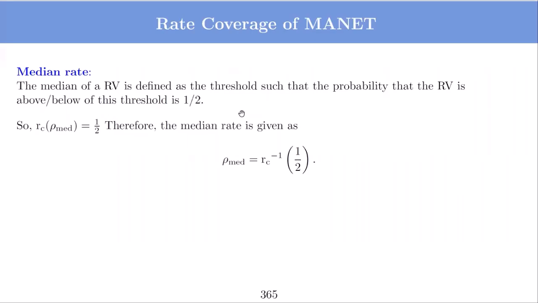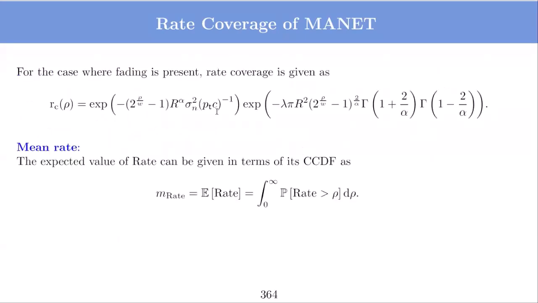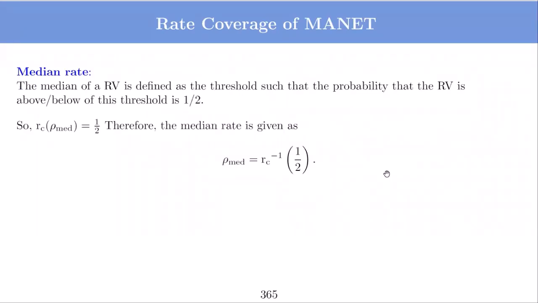Or below that value is also half. So to calculate that, you just have to invert the rate coverage probability. You have to make sure that the rate coverage is equal to half. So you just compute that rho, which will give me that. Right. So you can say the median rate is equal to the RC inverse function calculated at 1 upon 2.